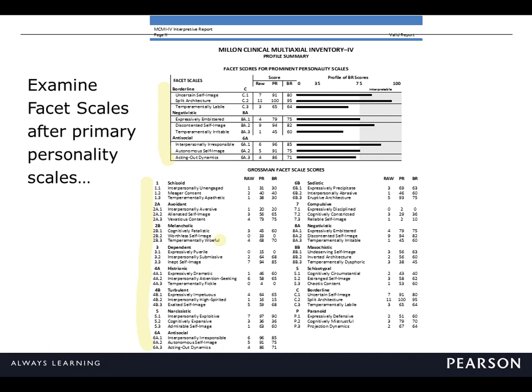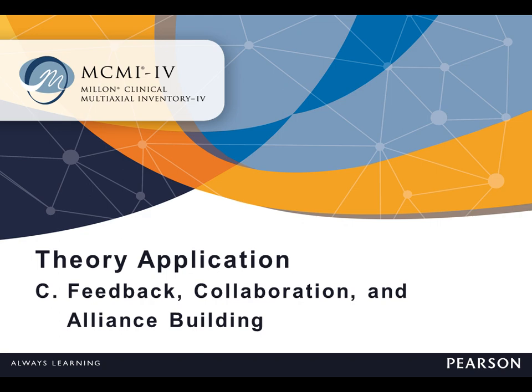So that's the general interpretive sequence of the MCMI-IV, what's suggested in terms of how to go about approaching the personality characteristics. Now let's put this a little bit more into action. What we want to try to do from here is to take that rather abstract information and bring it into the experience of the person.